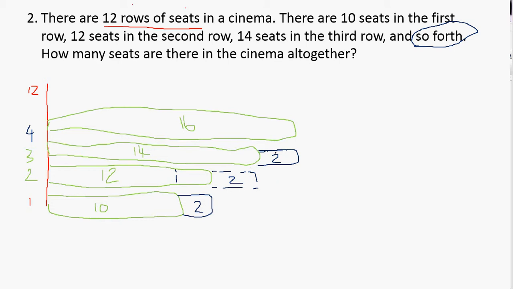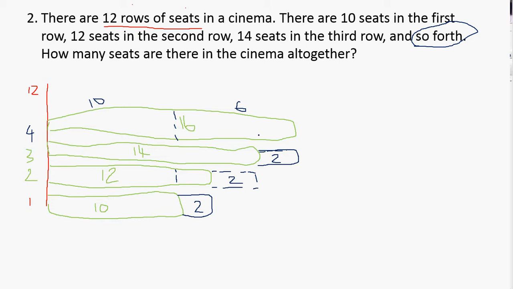So every 2 seats go up. By the time it goes to row number 4, if you look at here, there is 10. This one should be 10. Over here will be 6. Correct? It's made up of 10 and 6. Isn't it made up of 10 and 6?